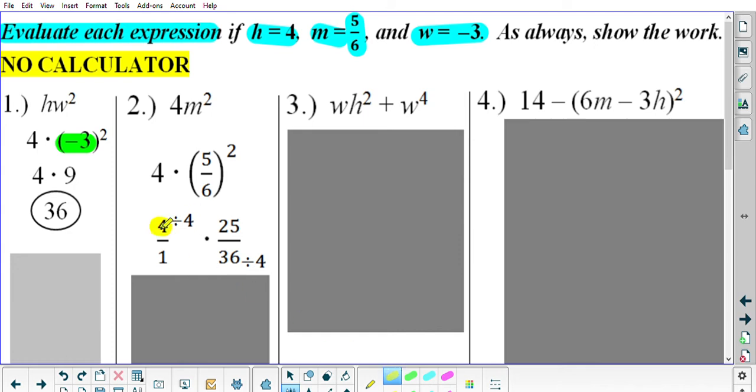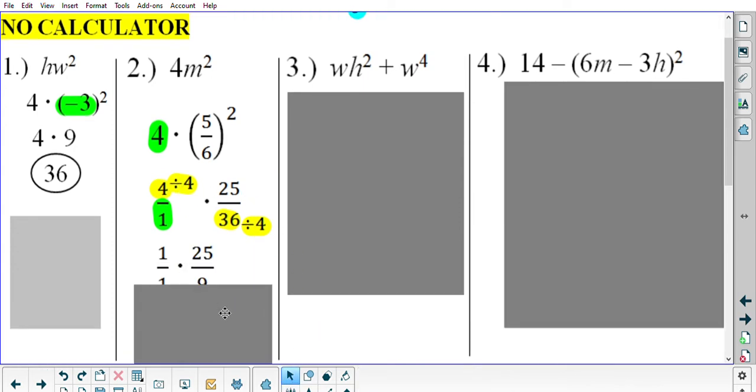The 4 and the 36 are both divisible by 4. Now notice I wrote the whole number of 4 as a fraction by putting it over 1, so I can multiply it to 25/36.